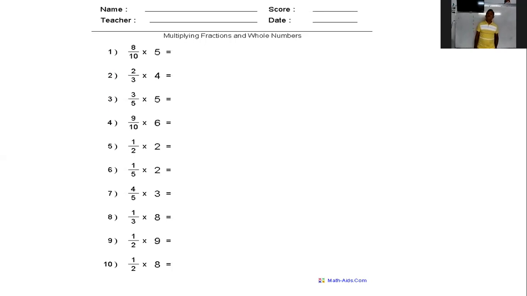Number 6, you have 2 over 5. Number 7, you have 12 over 5. Did I repeat a number? Number 7 was 12 over 5. Let me repeat from 6. Number 6 is 2 over 5. Number 7, you have 12 over 5. Number 8, we have 8 over 3. Number 9, we have 9 over 2. And finally, we have 8 over.